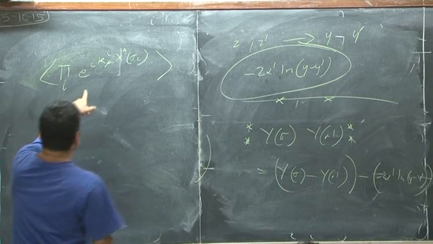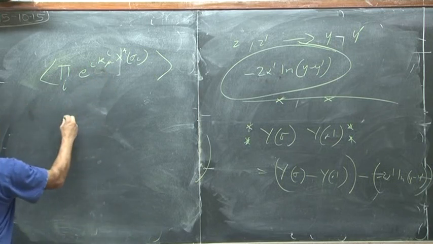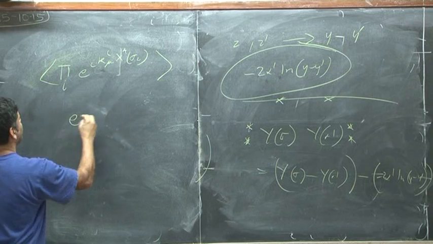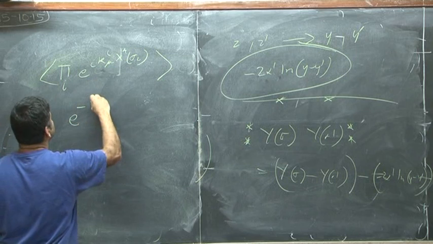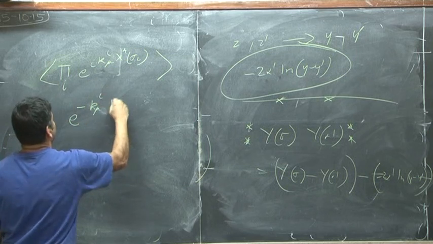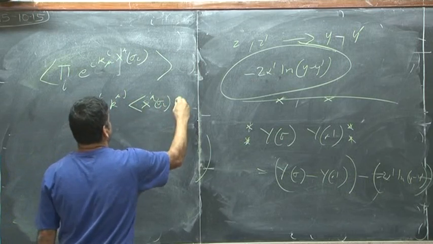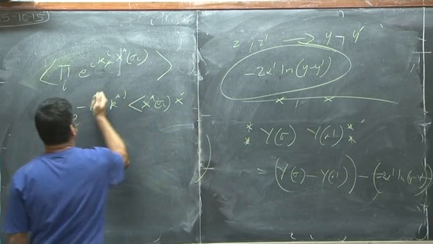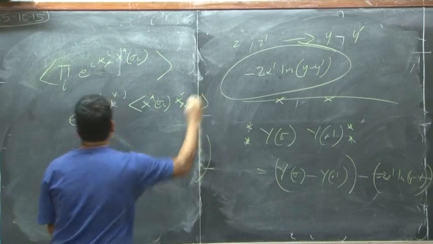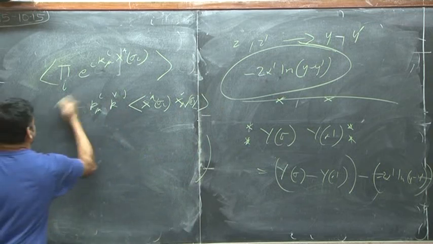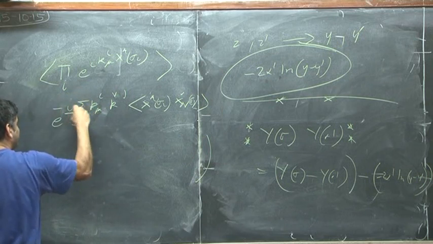Okay, you see, there is a general formula for this in terms of Green's functions. The general formula is that this is equal to e to the power minus k mu i dot k mu j into x mu sigma i x mu sigma j, product over i, j, and by 2.